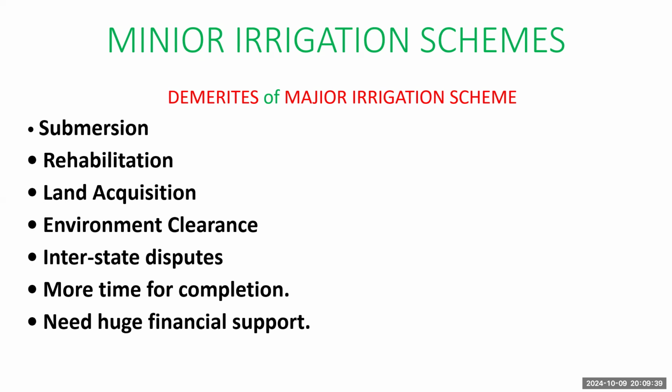That is one of the drawbacks of major irrigation. Then major irrigation schemes need more time for completion, and huge financial support is essential. So these are some of the limitations, or demerits, of major irrigation schemes.